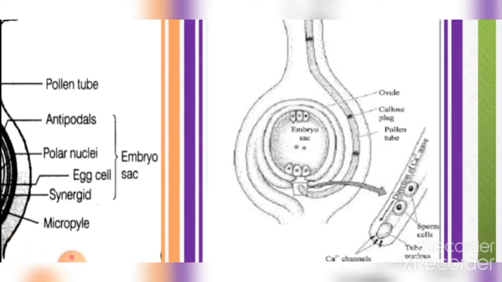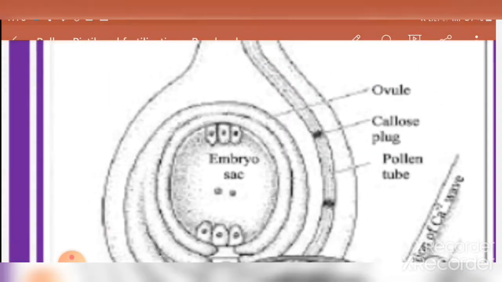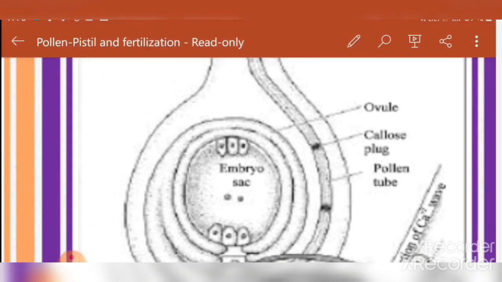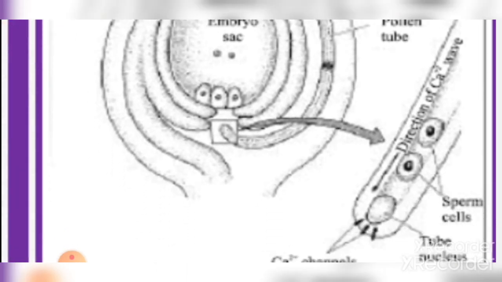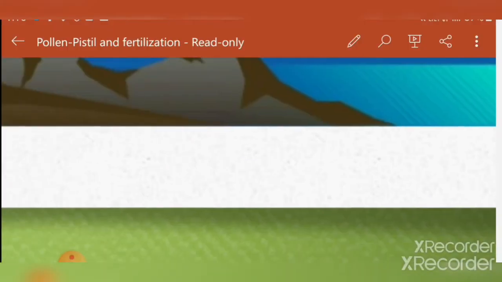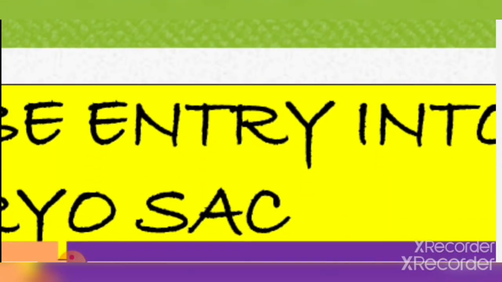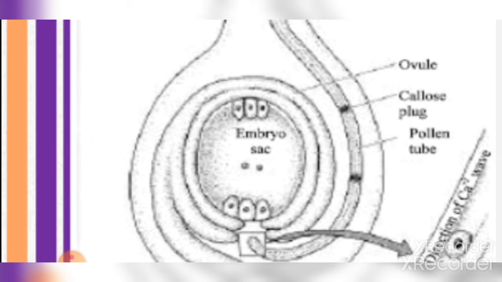In this picture you can see very clearly that they have passed through the micropyle and entered here. This is the embryo sac.